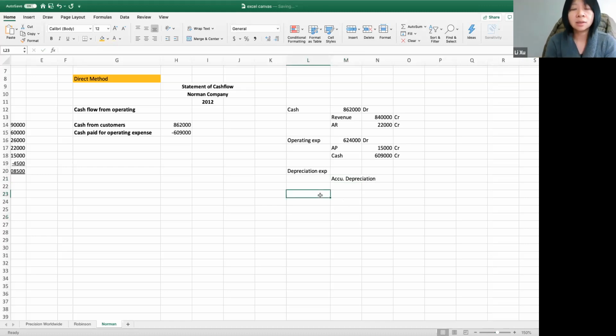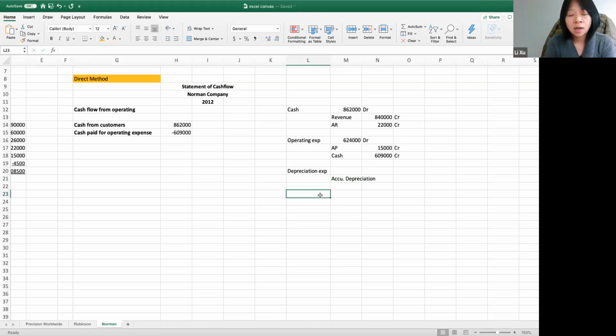So next, you have this loss on sales. Same thing here, you want to really write out what you think the journal entry is going to be. When you have a loss on sales, the normal transaction is you have a certain investment and you sold it. Let's say you have PP&E with accumulated depreciation.